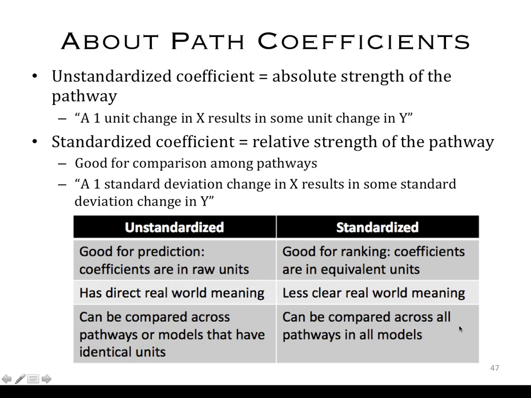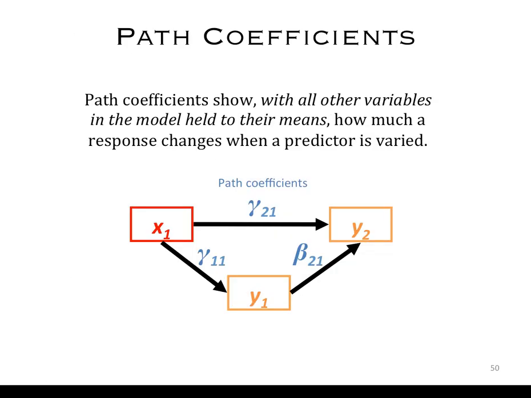But they can be compared across all the pathways in your model. Okay, so path coefficients in general show, with all the other variables in the model held to their means, how much a response changes when your predictor is varied. So they're going to be the numbers on these arrows.